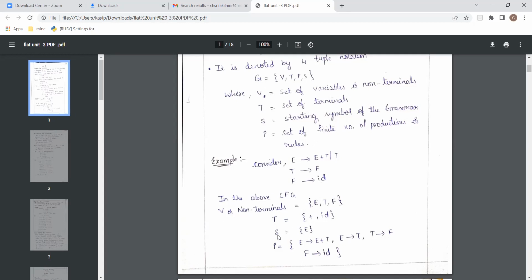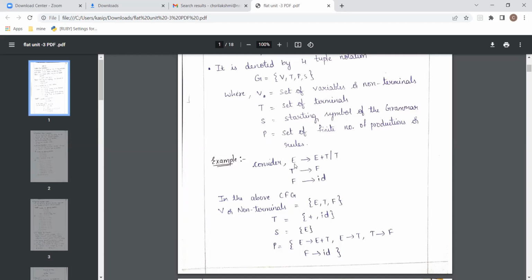And S, what is S? S is the starting symbol of the grammar. What is the starting symbol of this particular grammar? That is E. E tends to E plus T, I told you, no? So that will be the starting symbol of the grammar.